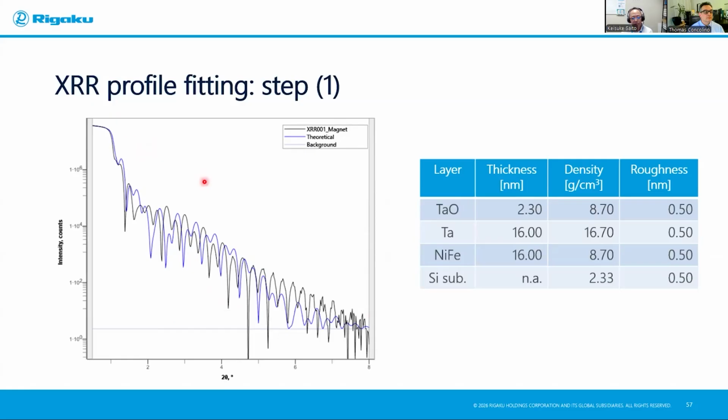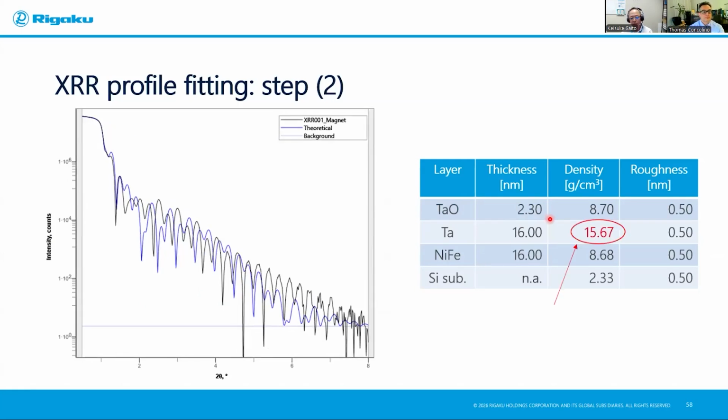Next is the theta C here. As we discussed, from the theta C we should be able to determine the density of the surface layer. However, as we discussed, 2.3 nanometer thick tantalum oxide is too thin to get the critical angle of total refraction. So basically this theta C shows the density of the underlying tantalum layer, which was 16 nanometers thick.